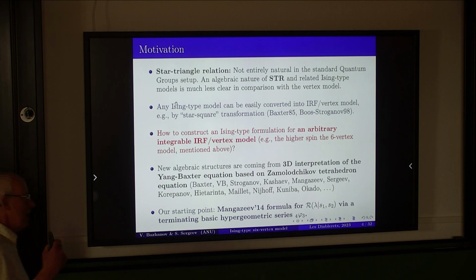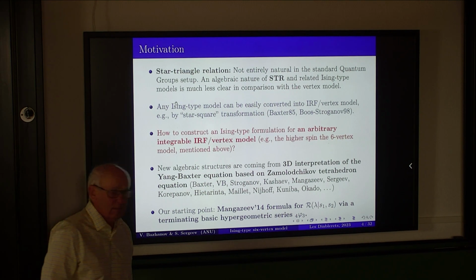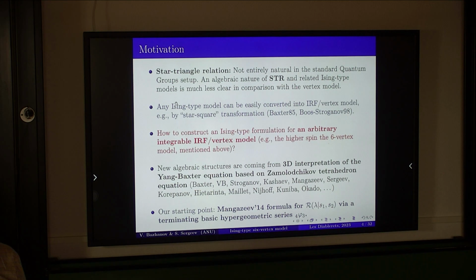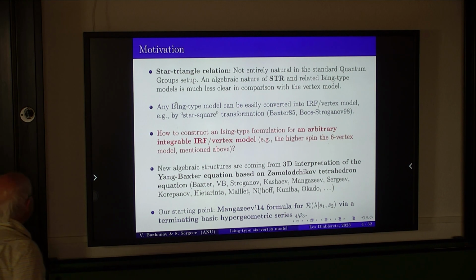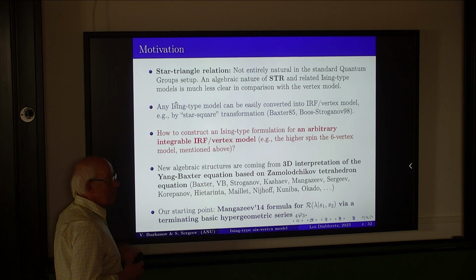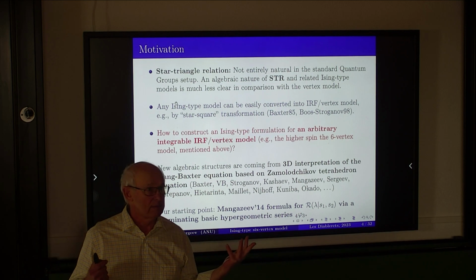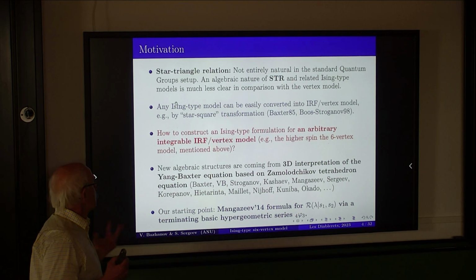By definition, the universal R matrix satisfies the Yang-Baxter equation. So the star-triangle relation is not entirely natural here.